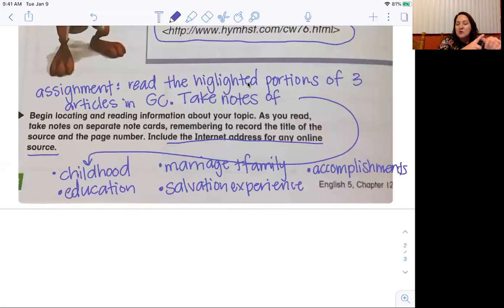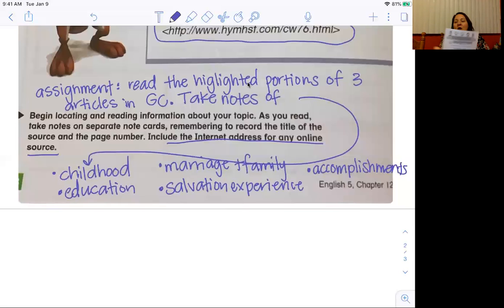Okay, make sure, like I'm going to say biographies for kids by Duxter's is article number 1. So if you find information about his childhood in there, you would write the information that you found, and then you could just put number 1 next to it, because number 1 is going to be the first article that we're going to be using. You don't have to write the name of the article every single time.